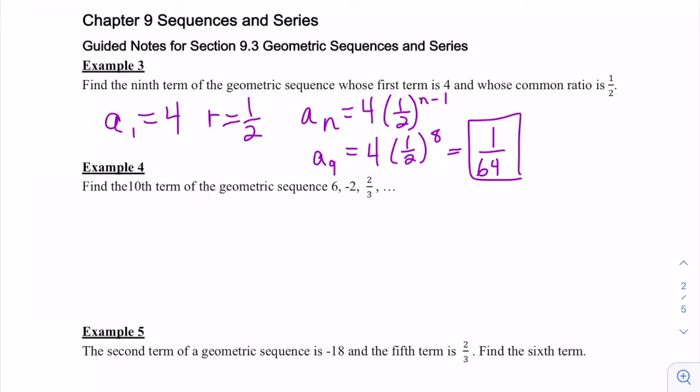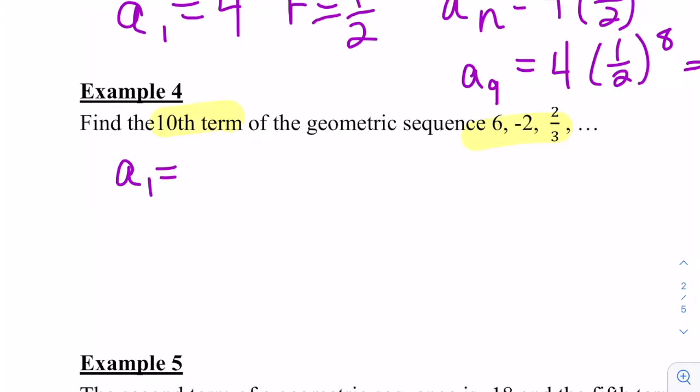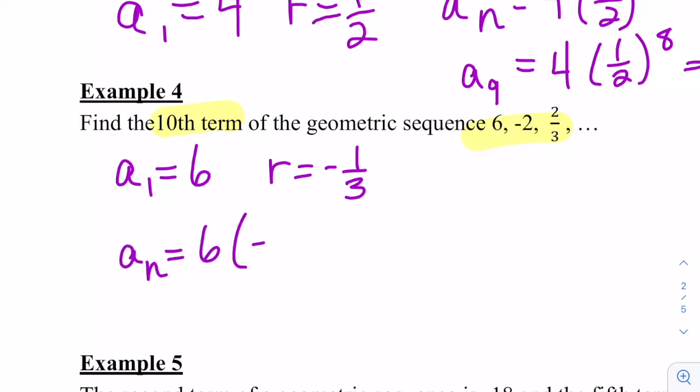For example 4, we're going to find the 10th term of this geometric sequence. a sub 1 will be 6, and each of those terms is being divided by negative 3, or you could say multiplied by negative 1/3. To find the 10th term, we need to write the formula first. That's 6 times negative 1/3 raised to the n minus 1.